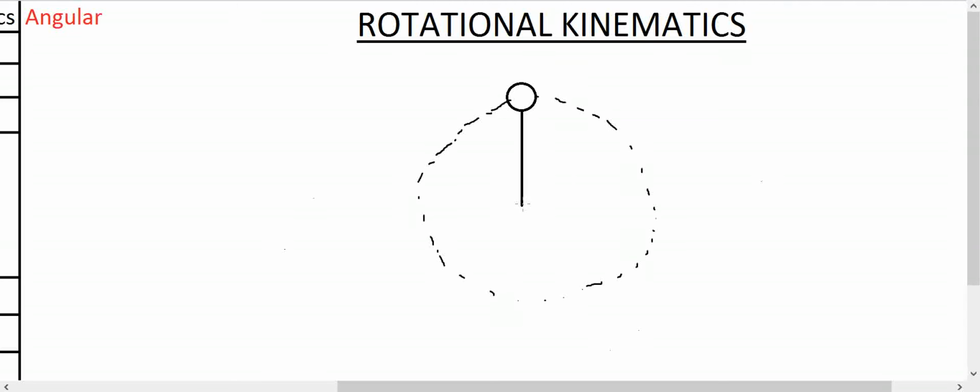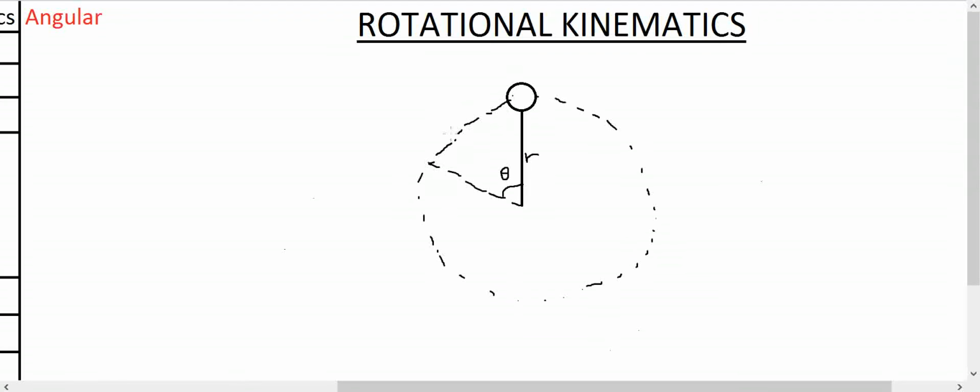So this be the circular path of the ball, and let this be r, the radius of the circle, and also the length of the string. Let's say the ball covered a certain distance here. The angular displacement is a certain quantity. What is this distance?